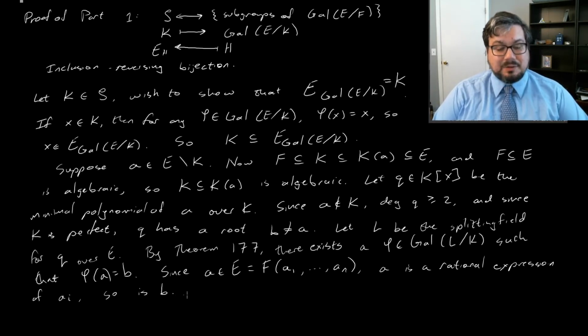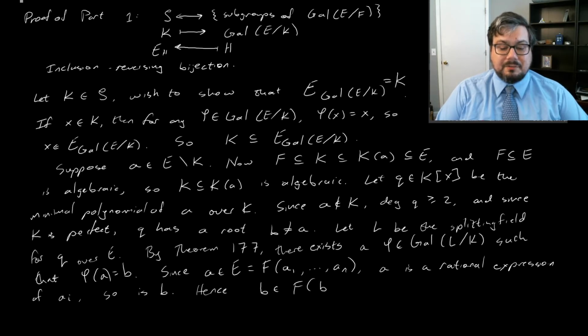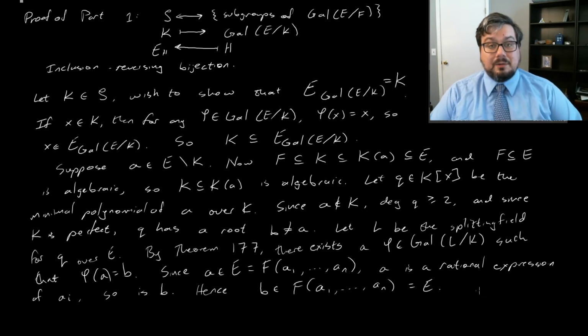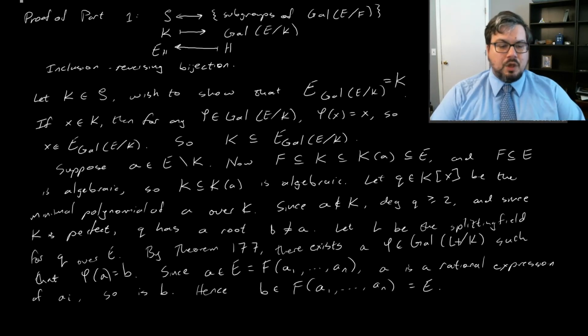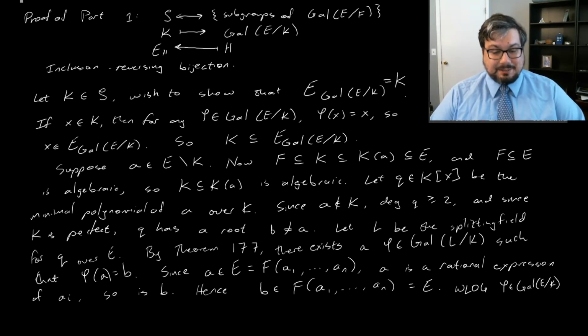So b is also an element of this field containing F and a1 through an, which is E. So that means that by Theorem 177, we could in fact find an element of the Galois group of E over K, which sends a to b.